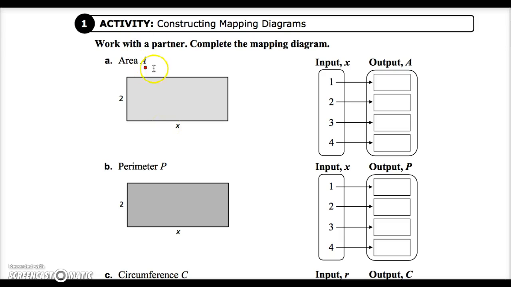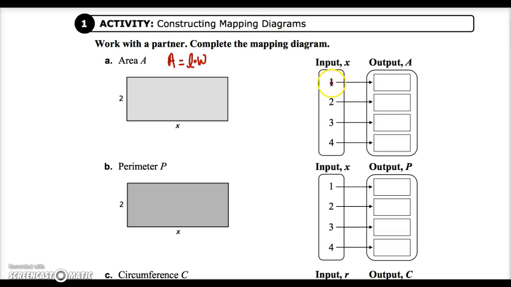You guys know to find the area of a rectangle, we take the length times the width. So in this case, it's going to be 2 times x. Well, they've given us a list of input values right here, so all we have to do is make the x each one of these numbers, and we'll put our answers over here in the output column.